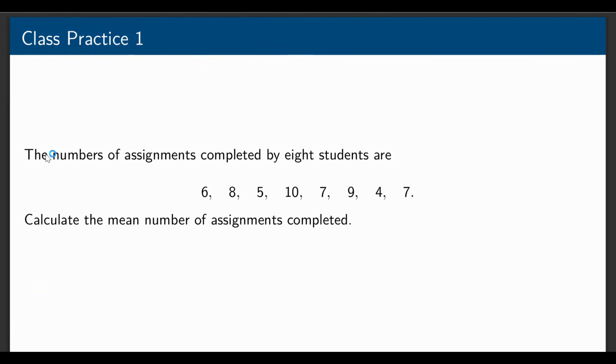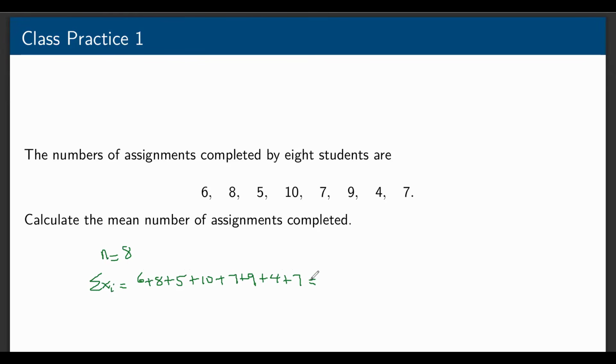Now, here's another example. The numbers of assignments completed by 8 students are given below. 1, 2, 3, 4, 5, 6, 7, 8, so it's already established that n is equal to 8. Now we need to find the summation of the x's. So we're going to say 6 plus 8 plus 5 plus 10 plus 7 plus 9 plus 4 plus 7.